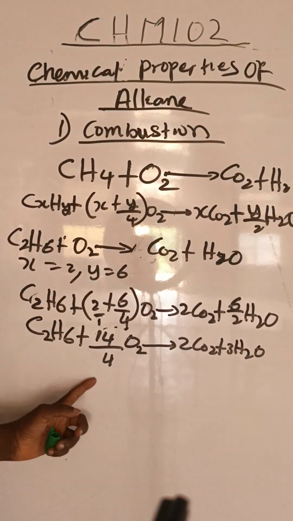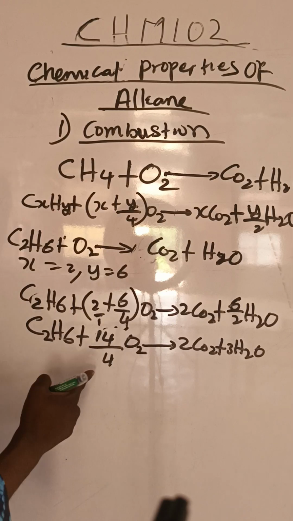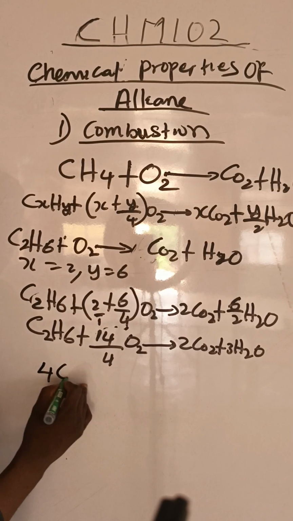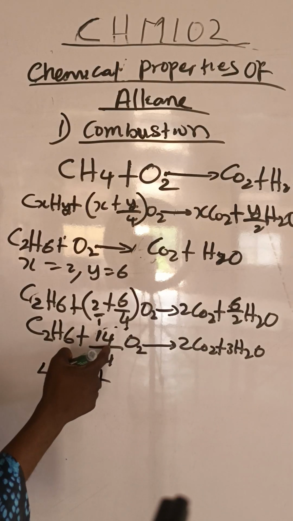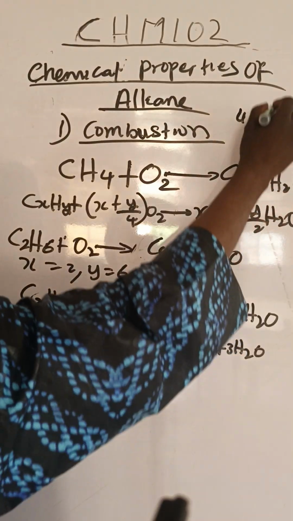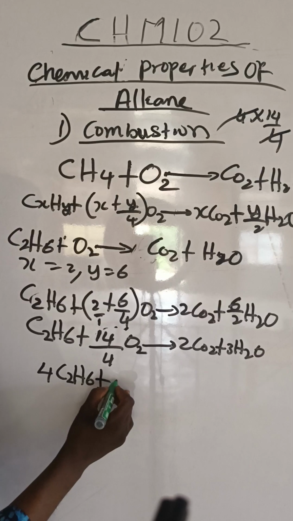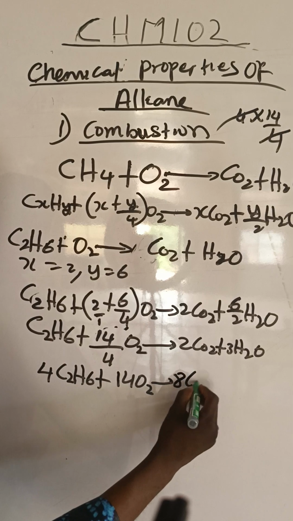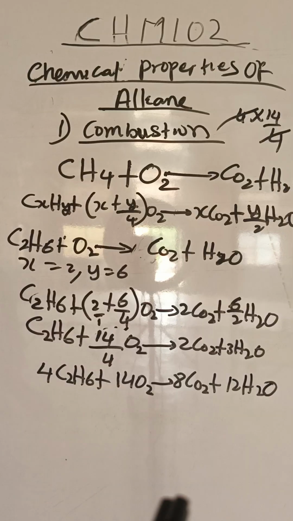Now you can see that we have a fraction here, and we cannot leave it like this. What will be the next thing? You will use this 4 to multiply both sides. That will be 4C2H6 plus, that 4 multiplied by 14 over 4, 4 will cancel 4. That means we are going to write plus 14 O2 to give 4 times 2, 8CO2 plus 12 H2O.